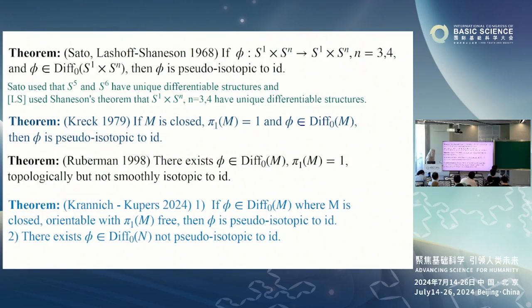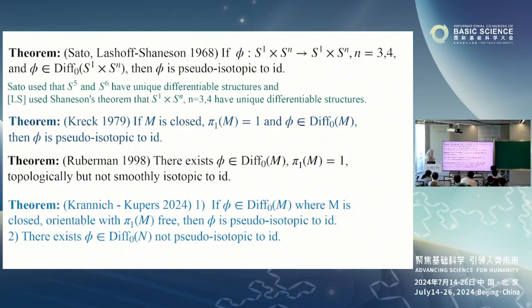Here, he's somehow using surgery theory. On the other hand, unlike higher dimensions, Danny Ruperman, using gauge theory, showed that there's a diffeomorphism of a closed, simply connected manifold, homotopic to identity, that's not isotopic to identity, but in fact, it's topologically isotopic to identity.